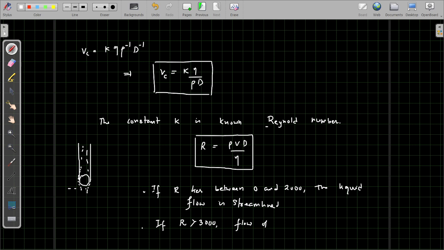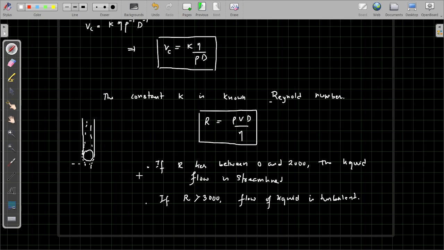And if R is between 2000 and 3000, that is, greater than 2000 but less than 3000, the flow is more unstable. It is an unstable flow of fluid.